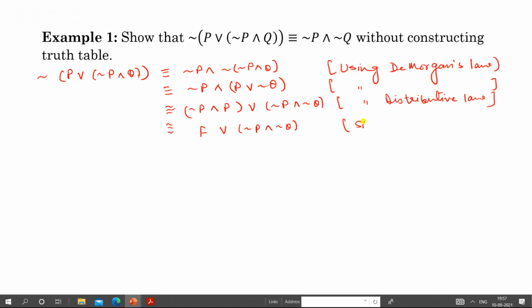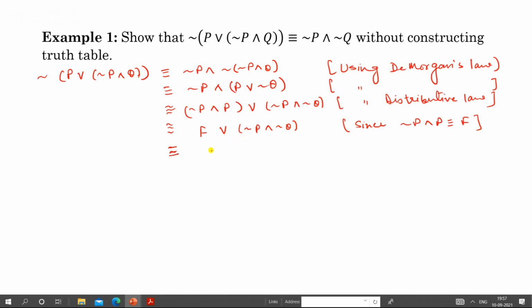So since negation P and P is equivalent to F, that is contradiction. So now you know that F or any proposition is equivalent to this proposition, because if it is true then this will be true, if it is false this will be false.